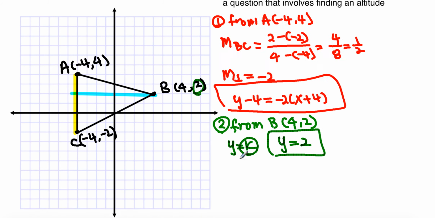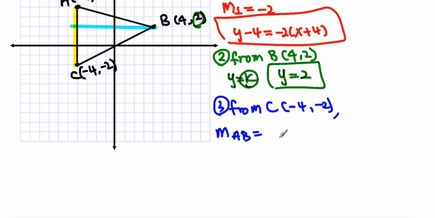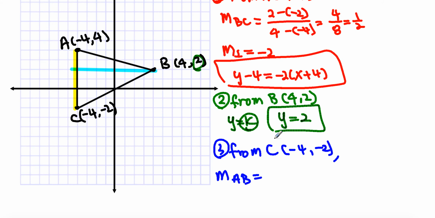Now let's go for the third one, which is from C, which is negative 4 comma negative 2. Now we need to find the slope of AB. Here we get 2 minus 4, and then 4 minus negative 4, which becomes negative 2 on top and 8 on the bottom.